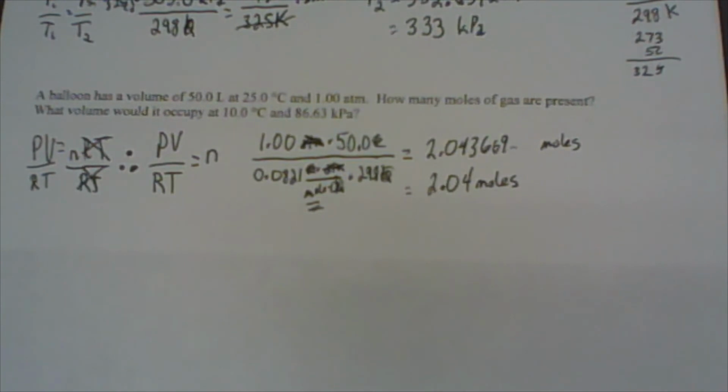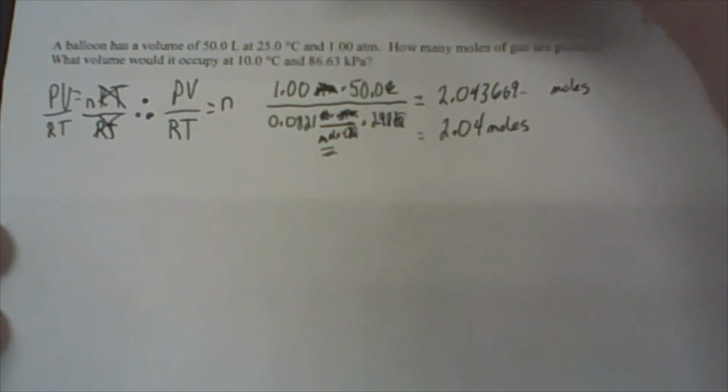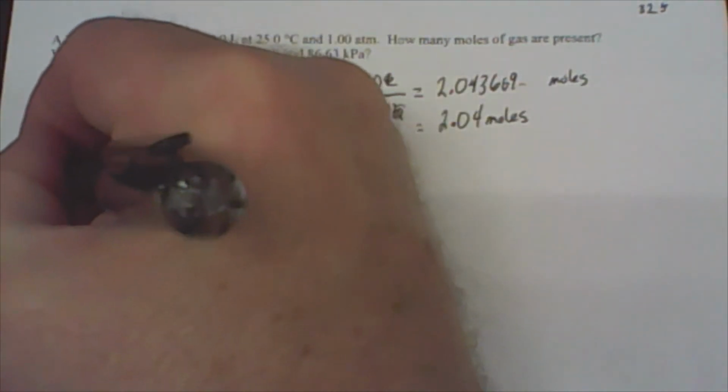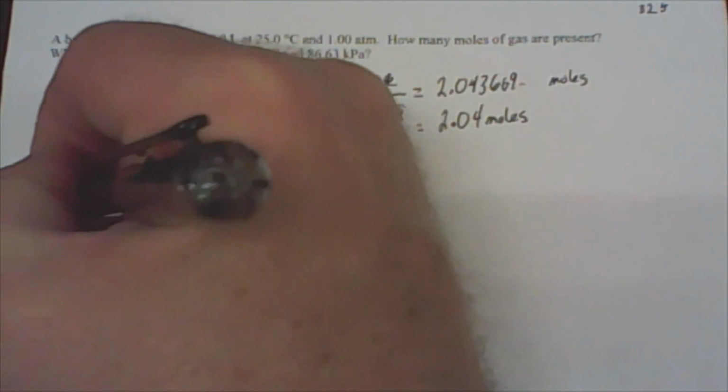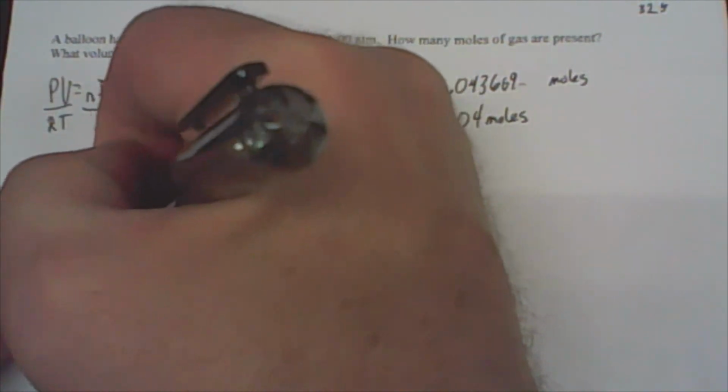What's the second half say? What volume would it occupy at 10 degrees Celsius and 86.63 kPa? Well, which form of the equation am I going to use for that? P1 V1 over T1 equals P2 V2 over T2.